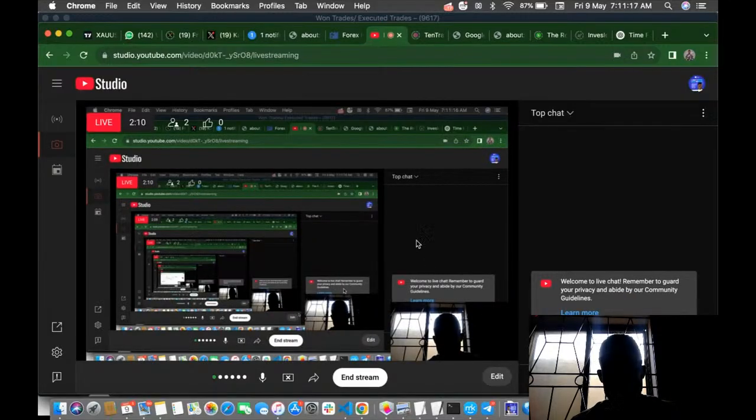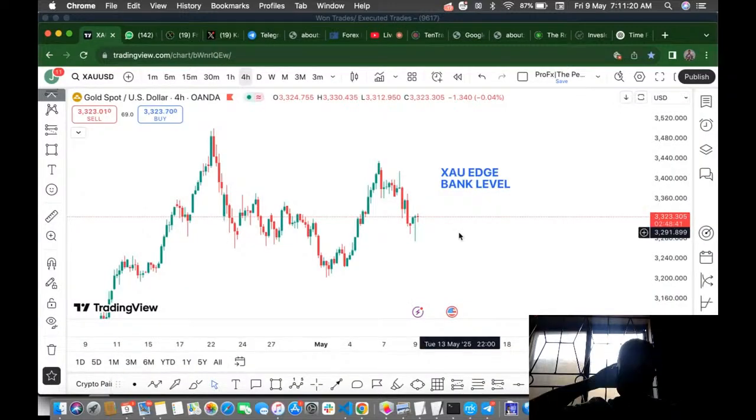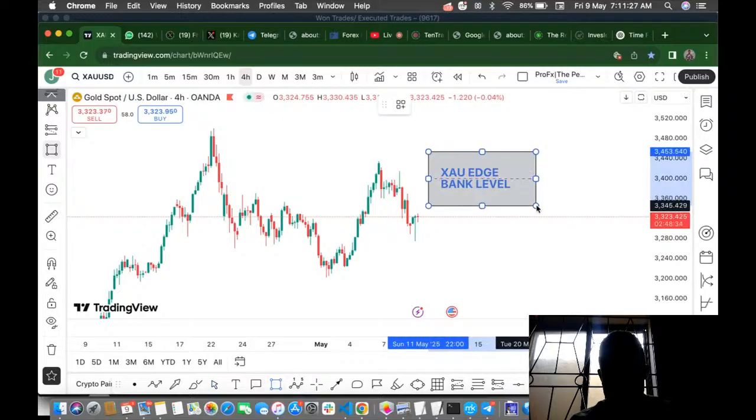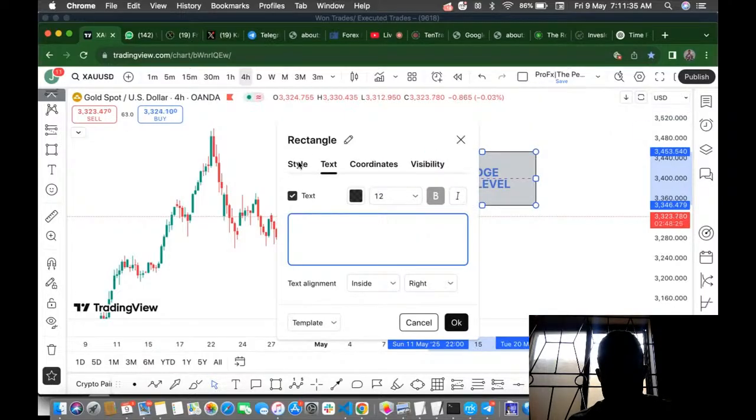All right, thank you. So very quickly, not to waste much of our time, I'll be showing us this morning about my favorite: bank level. For those that are just joining, that are new, this is one of the edges that makes us unique as wiser traders.